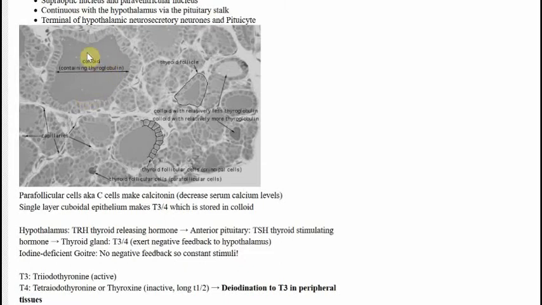Interspersed between the follicular cells are the clear cells, also known as the C cells, as you can see there. And they produce a hormone called calcitonin, which reduces calcium levels. So follicular cells, colloid, C cells producing calcitonin.